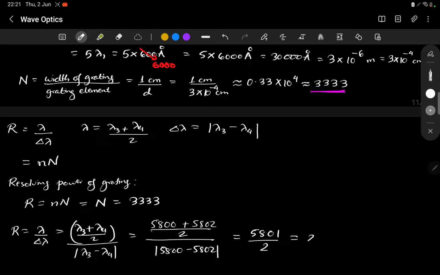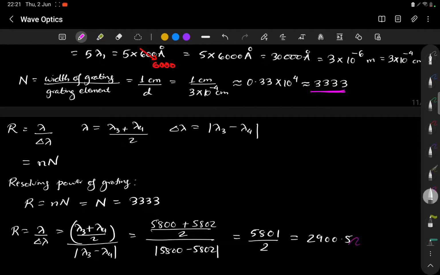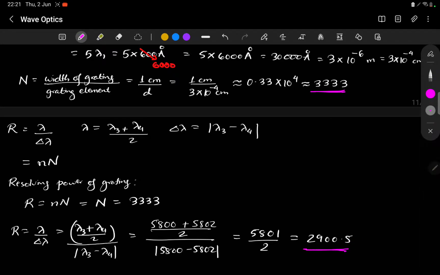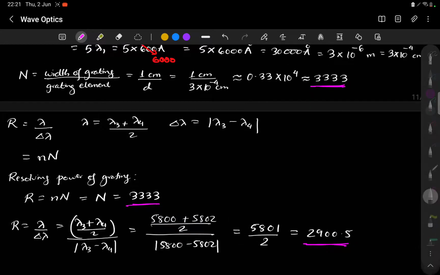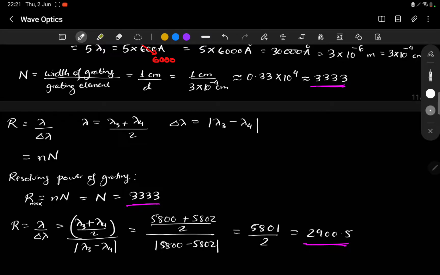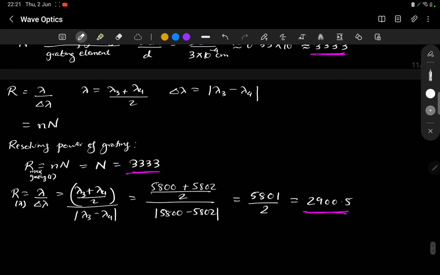So this is the resolving power for the given combination of wavelengths, and this is the maximum resolving power for the grating in the first order. So we clearly see from here, this is, let us say, R max for the grating in the first order, and this is R for the given set of wavelengths.